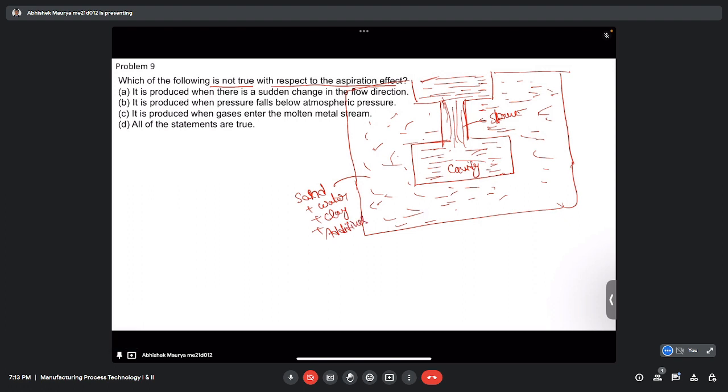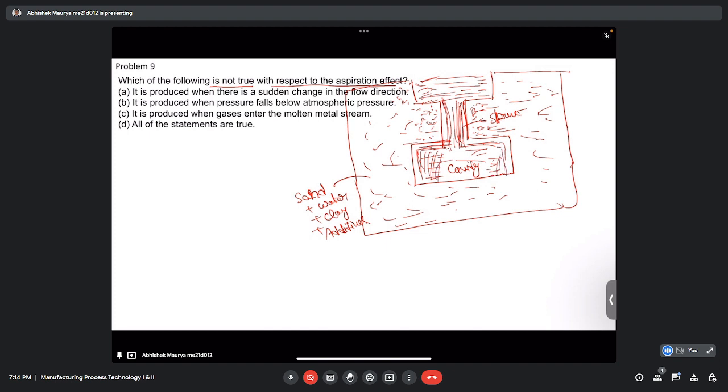In the mold material, the sand is bound by the clay, and some additives are also present inside this mold material. So aspiration is when gases which were earlier not present in the molten metal somehow enter the molten metal during the mold filling process. That is called the aspiration of gases.